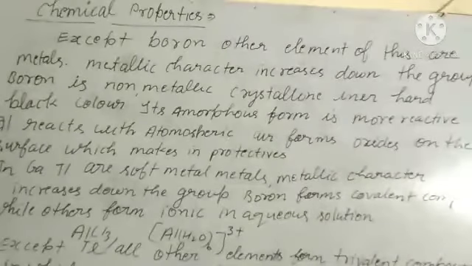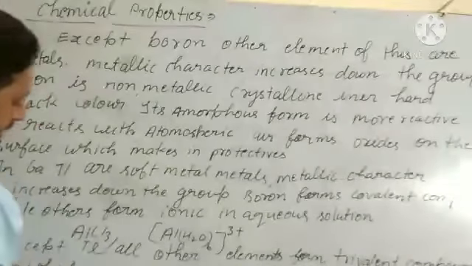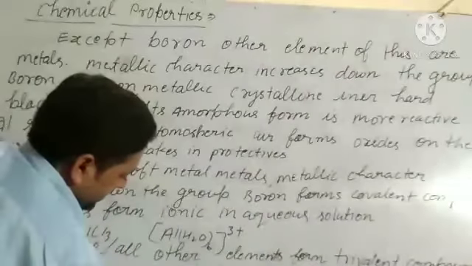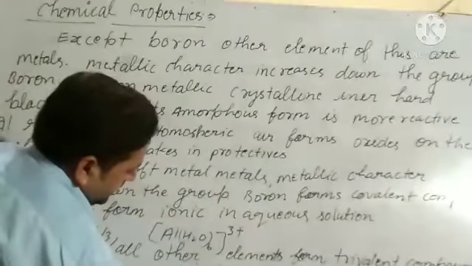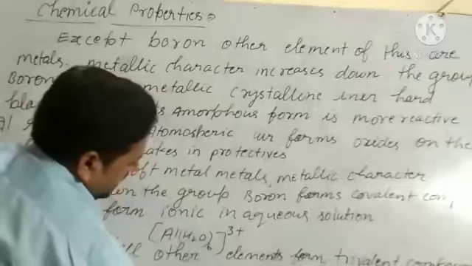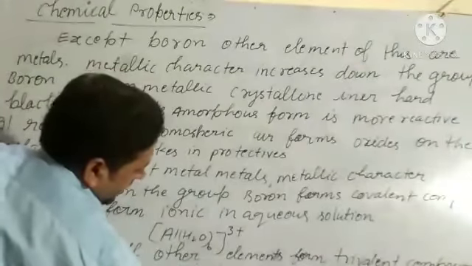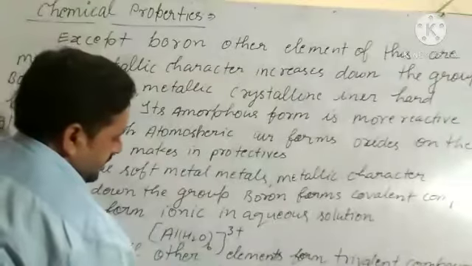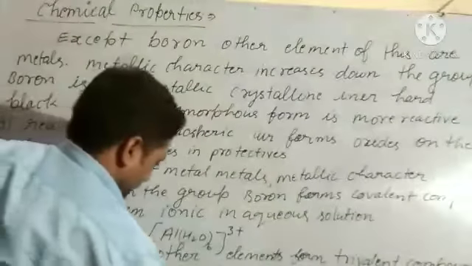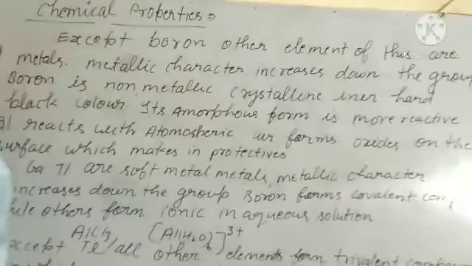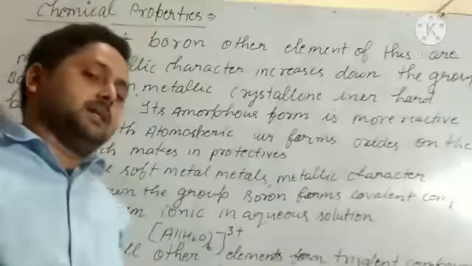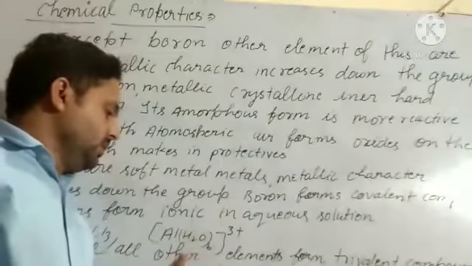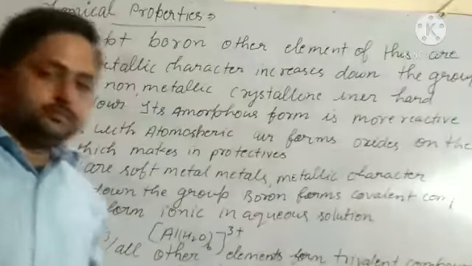If we take AlCl3, GaCl3 and InCl3, their Lewis acid nature decreases down the group, or we can say Lewis acid nature decreases as the size of atoms increases. So these are the properties.